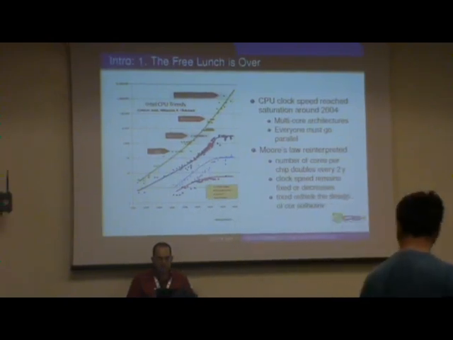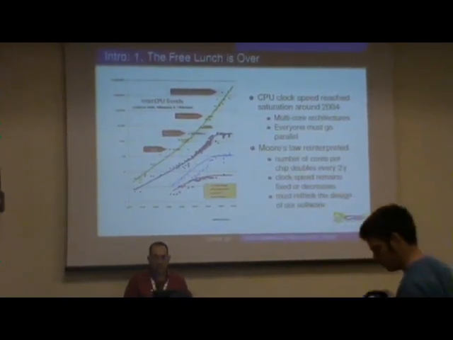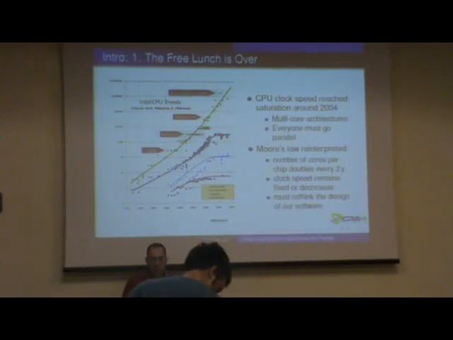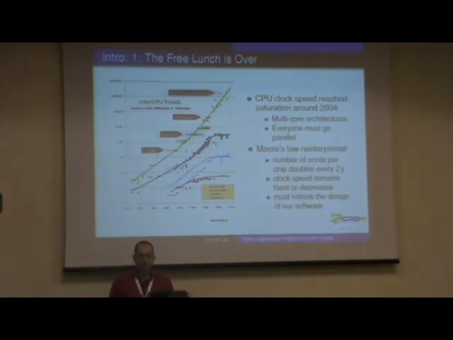So what's the free lunch? The free lunch, the one you could have until 2004, consists of the fact that you run a software and then you can just sit back and wait for the CPU clock to go up, and your software's performance automatically went up without the need to do anything, simply because you had faster machines.